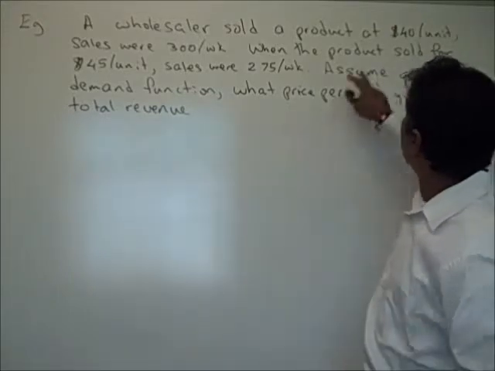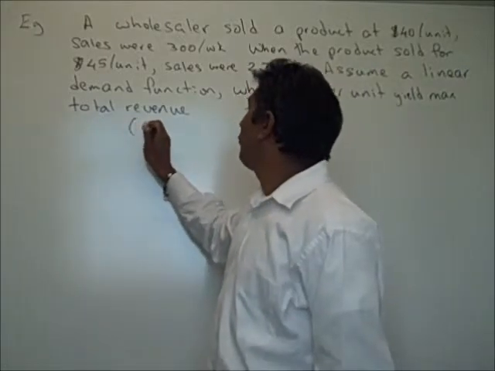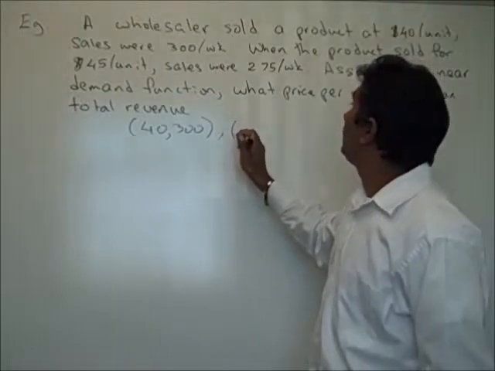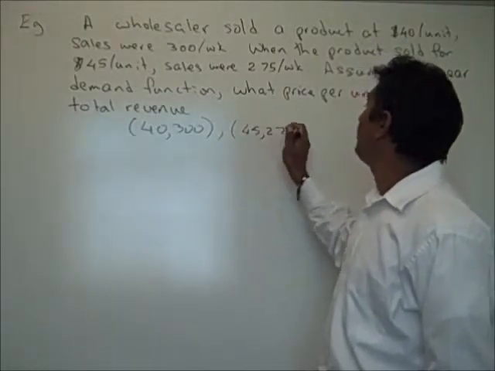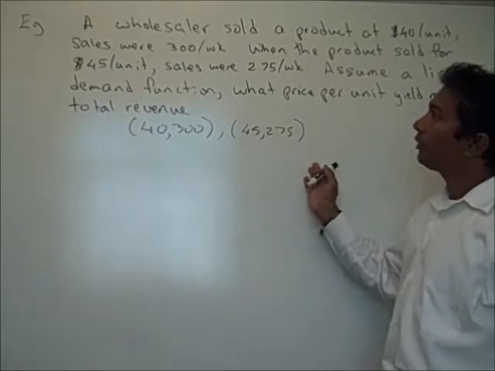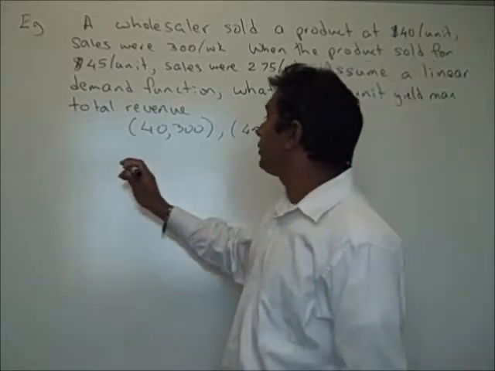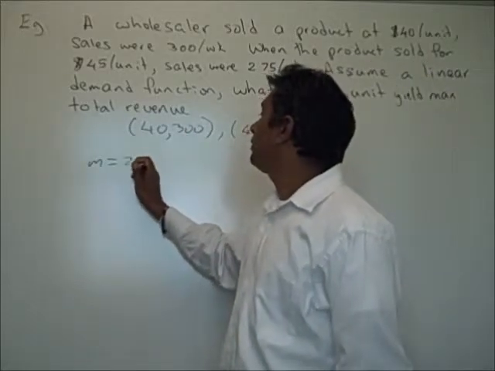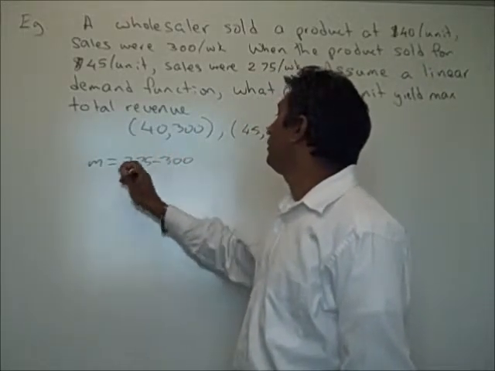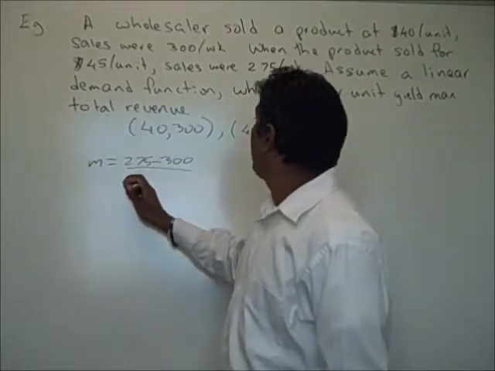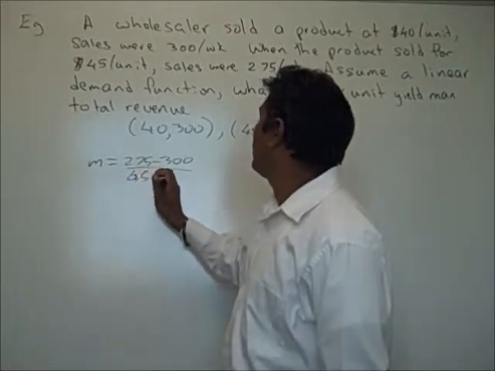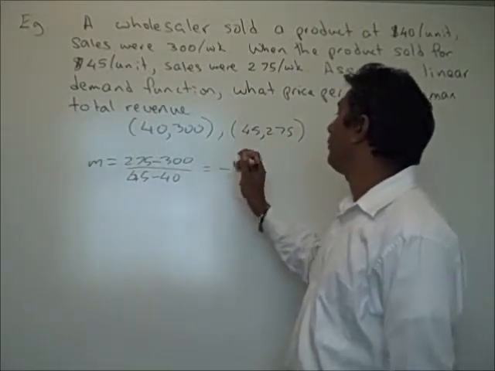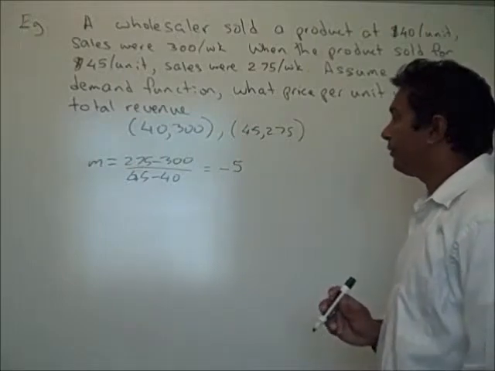Since we're given 2 points, which are 40 and 300, and 45 and 275, we can find our slope since this is a linear function. m would be equal to y2 minus y1, so it's 275 minus 300 over 45 minus 40. This ends up being negative 25 over 5, or negative 5. So our slope here is negative 5.